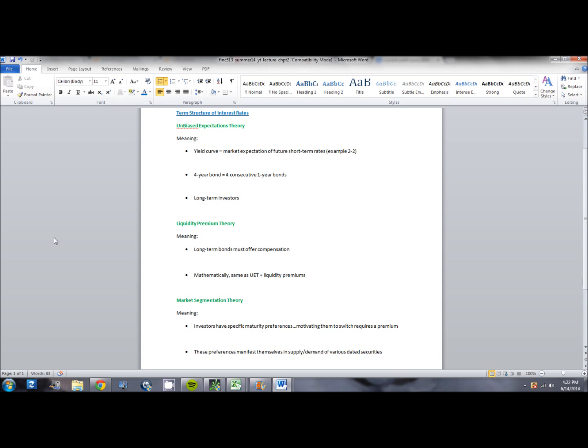I can more quickly turn those investments back into cash because they're going to mature more quickly. So, that being the case, you would always demand a higher return for a longer-term bond. Right? That's all the liquidity premium theory is suggesting.